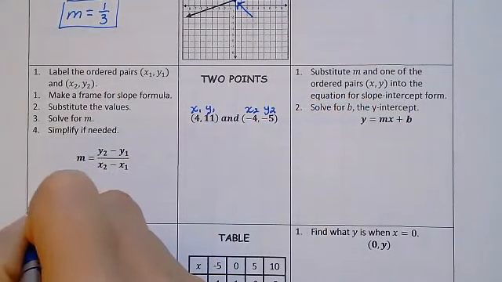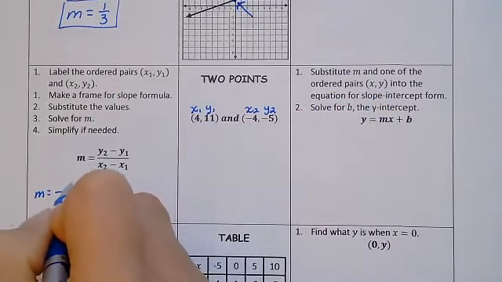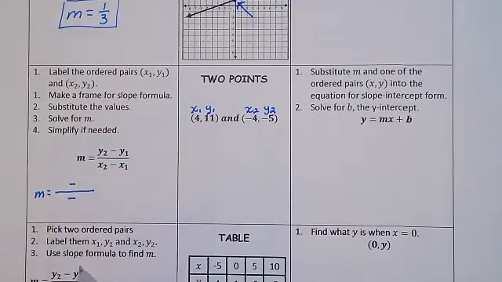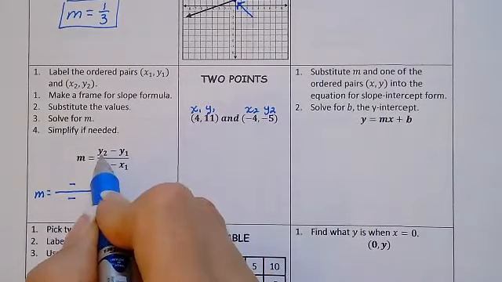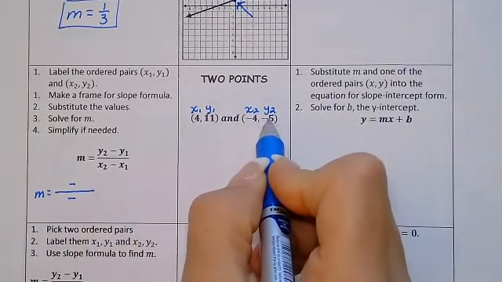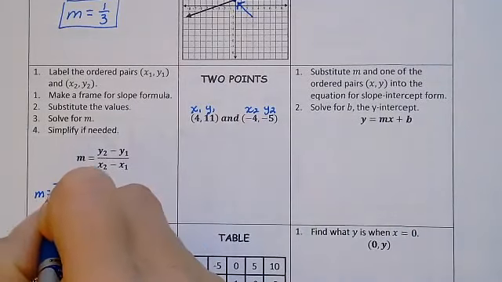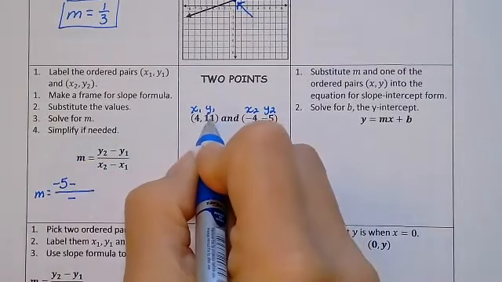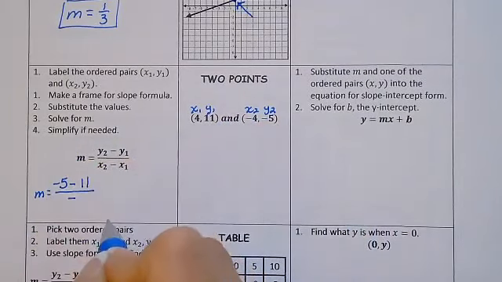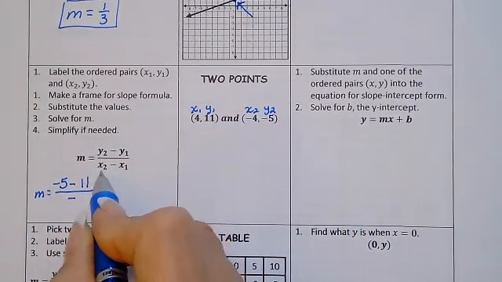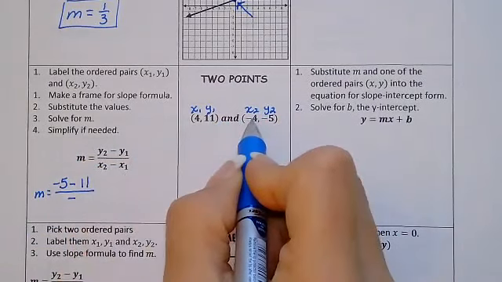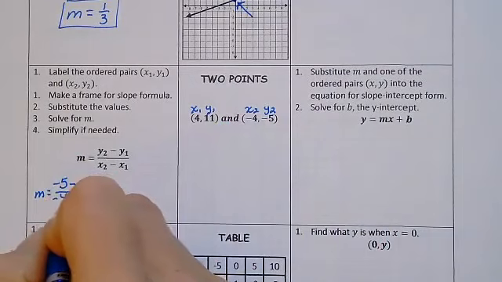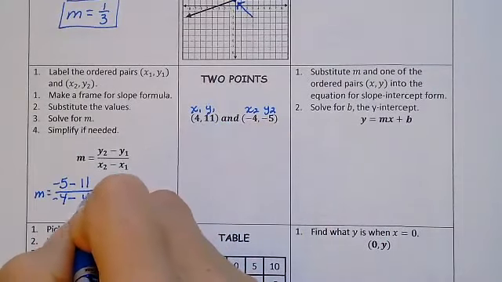So that means I'm going to make my divide line and put my subtraction signs in advance. Now I'm going to substitute the values. So I need y2, y1. y2 is -5 and y1 is 11. Substitute x2 and x1. So x2 is -4 and x1 is 4.